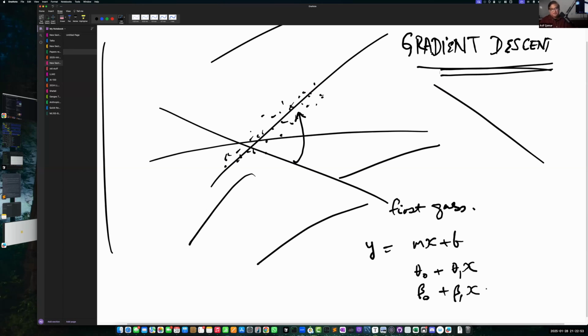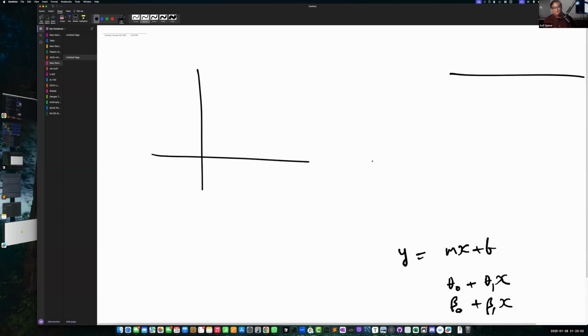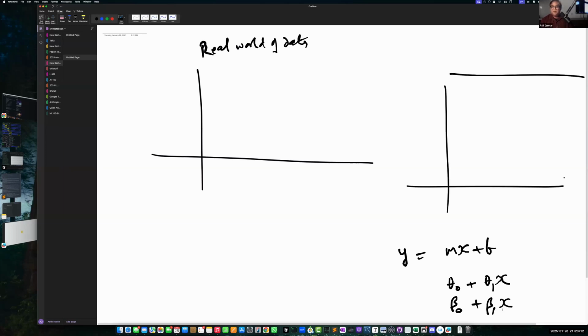Now comes an interesting point. So this is the real world of data. And this is a world which I call the hypothesis or model world, the parameter world. These beta naughts are called the parameters of the model. These days you hear that LLMs have 70 billion parameters, etc. That's what they're referring to.